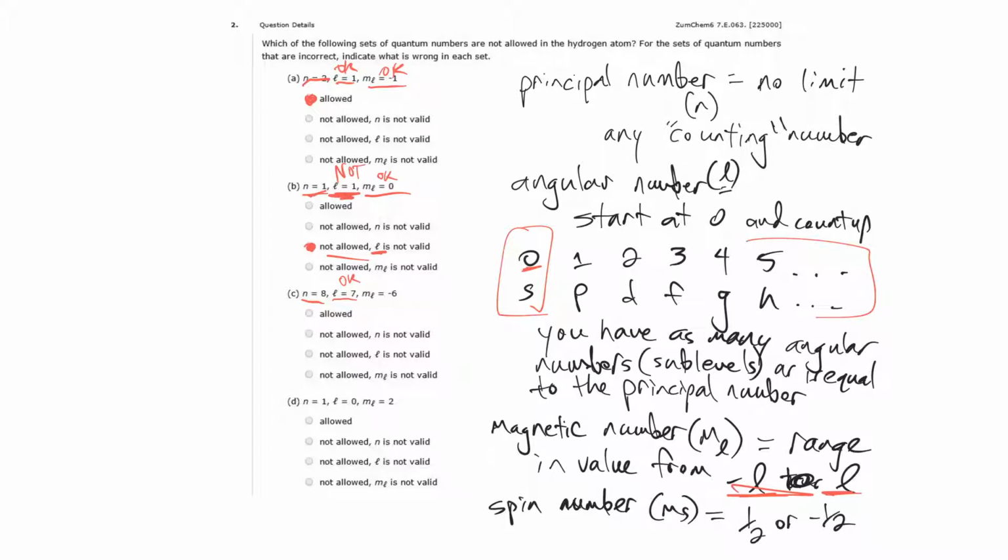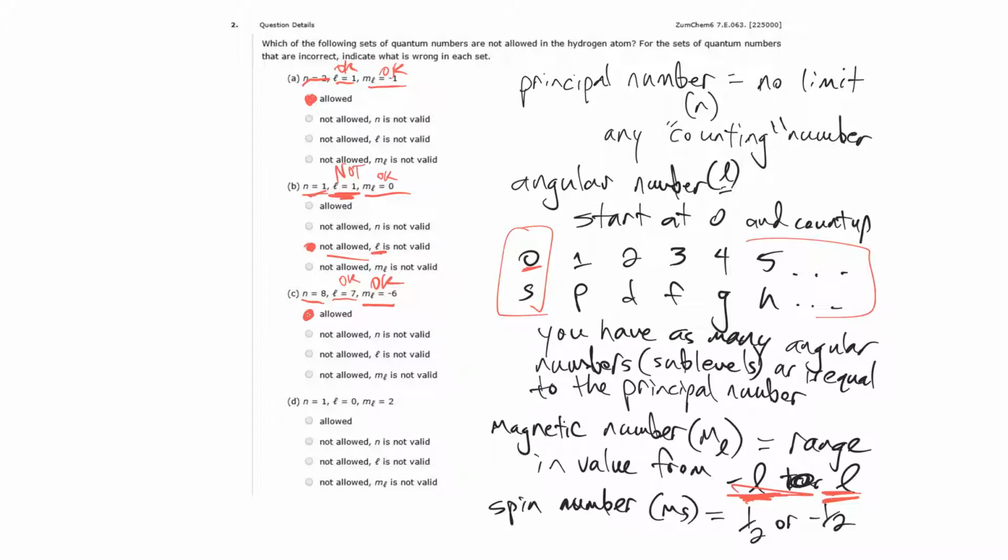Well, geez, what I know of is S, P, D, F, G, H. I don't know what the letter designation is for angular number 7, but that doesn't matter. All I know is it falls within the confines of being acceptable. And then lastly, the magnetic number is -6. Does that fall into the range of negative angular number to positive angular number? You bet. This is okay.